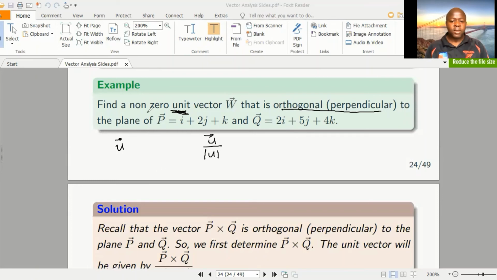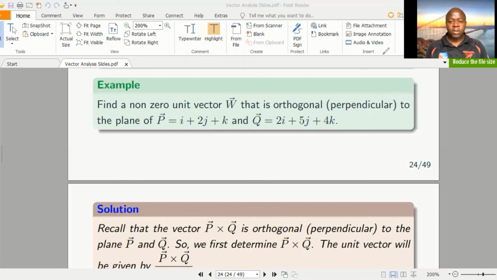So in other words, for us to answer this question, we need to get P cross Q, which is the vector perpendicular to this plane. And then after that, we get the unit vector in this direction, given by this over the magnitude of this. So once we have this, we will have answered this question.